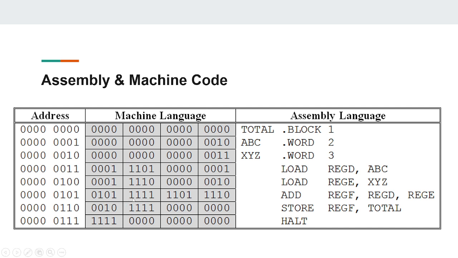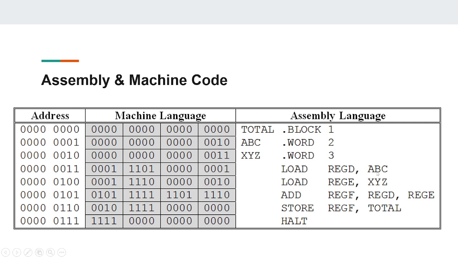This register is 1111, meaning register F, and it gets 2 registers: 1101 is register D and 1110 is register E. It takes 2 values from registers D and E, adds them, and stores the result in register F.